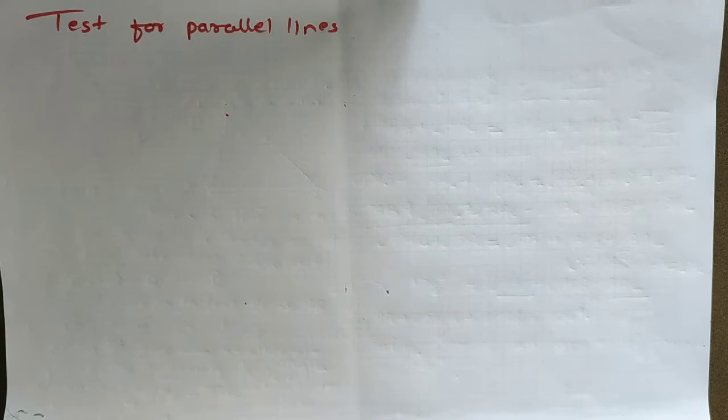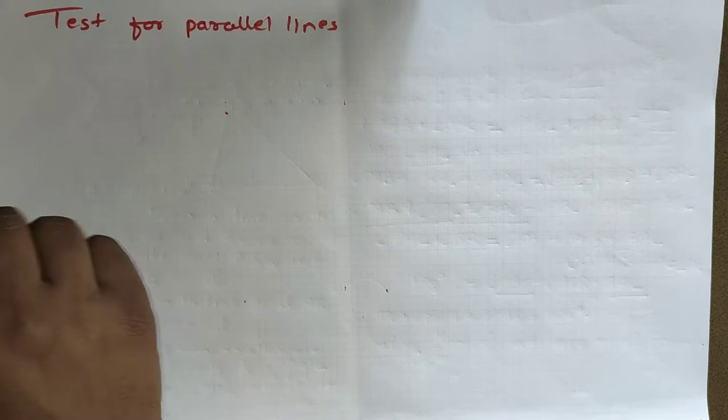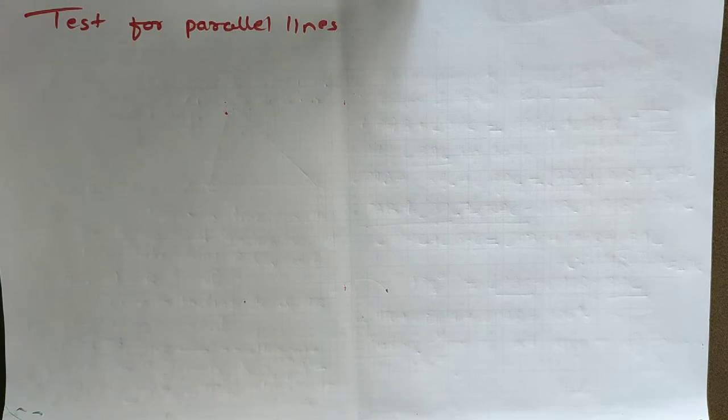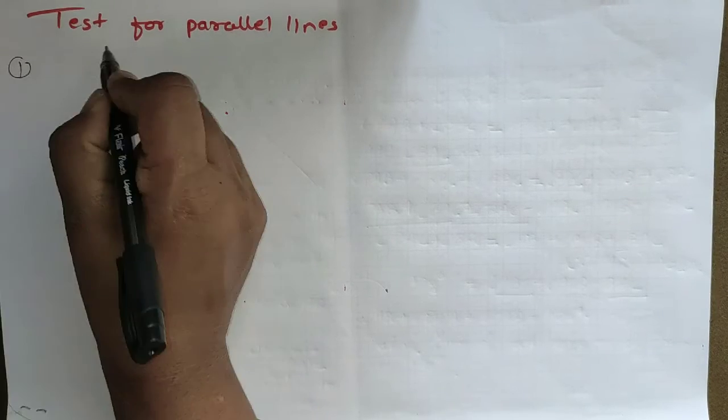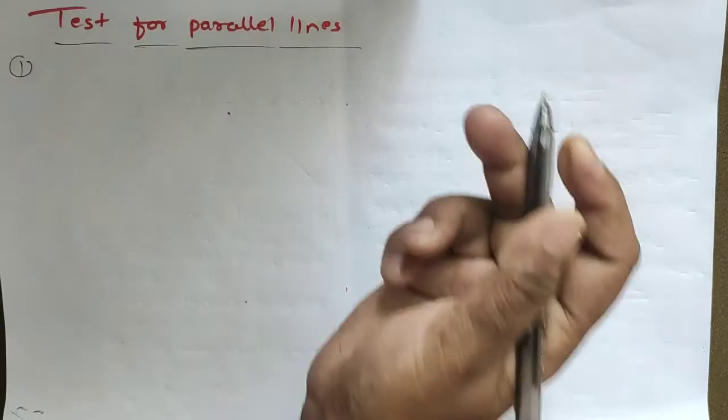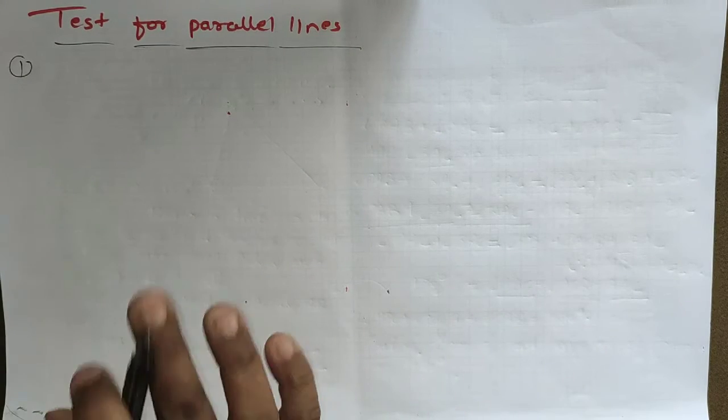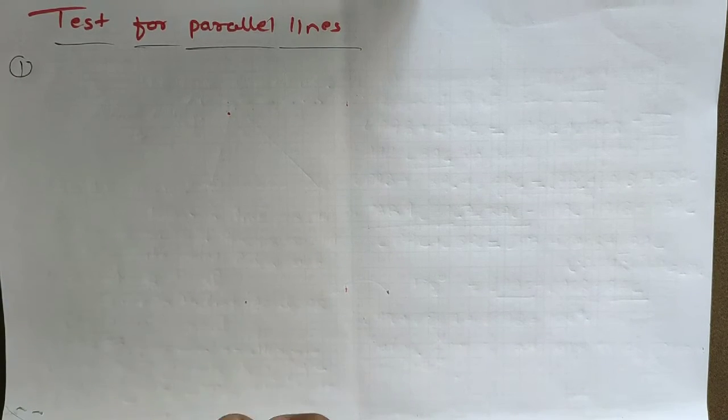Whether two given lines are parallel or not can be decided by examining the angles formed by the transversal of the lines. So the first property to test for parallel lines, whether the given lines are parallel or not, we will check by using the following properties.